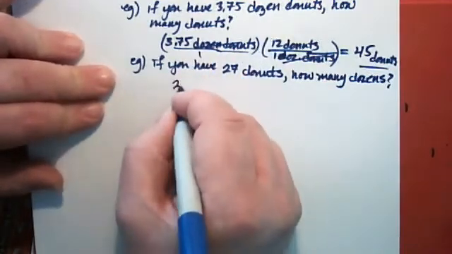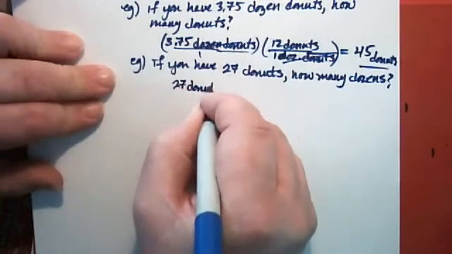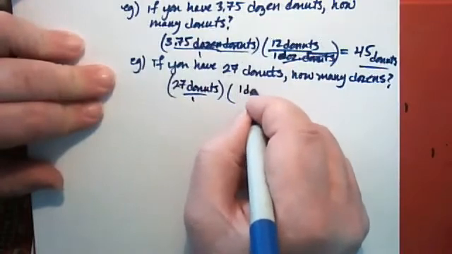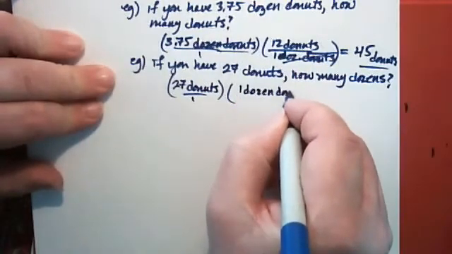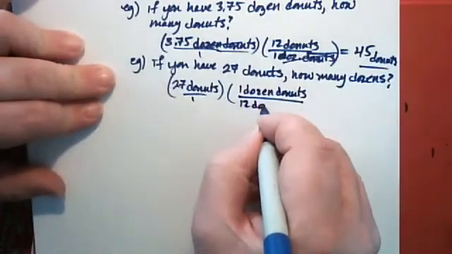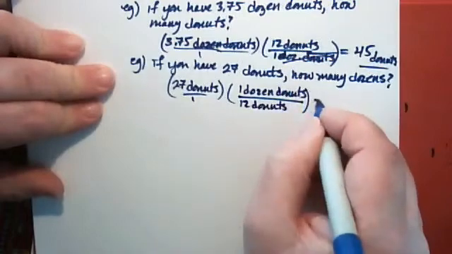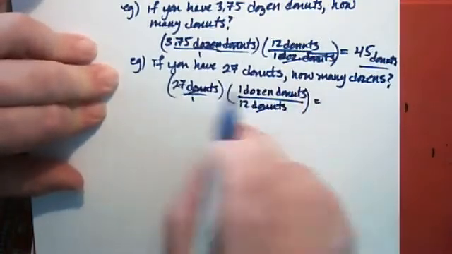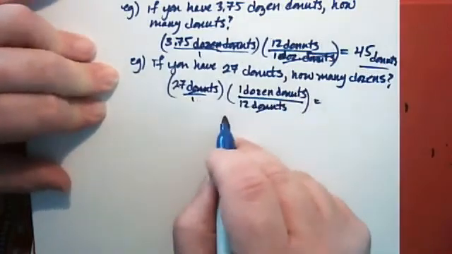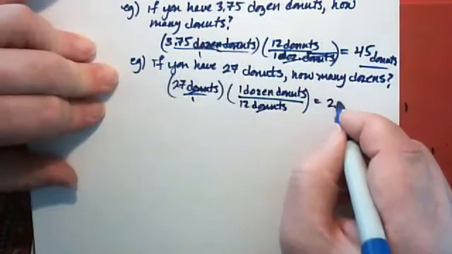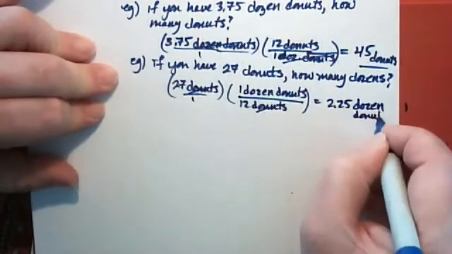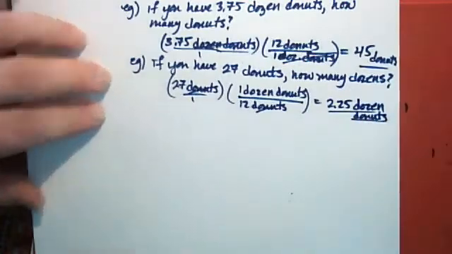So if we have 27 donuts, and we know there's 1 dozen donuts for every 12 donuts, donuts cancel as a unit, and we end up with dozens of donuts as the unit remaining. And 27 divided by 12 is 2.25. So 2.25 dozen donuts.